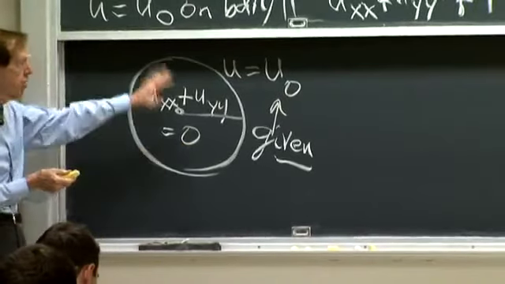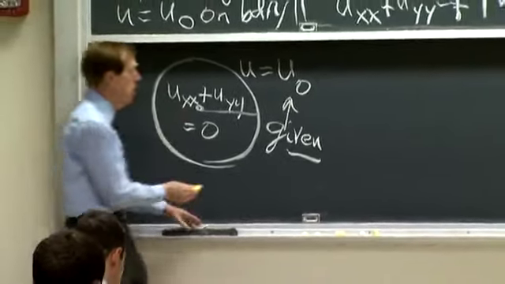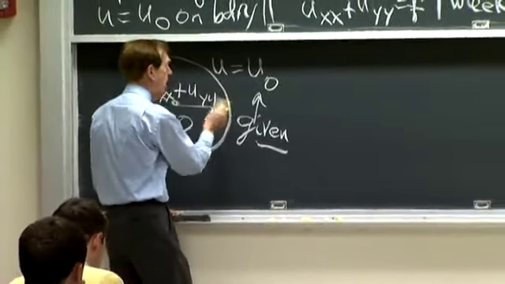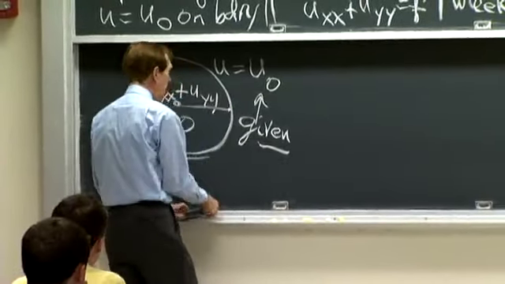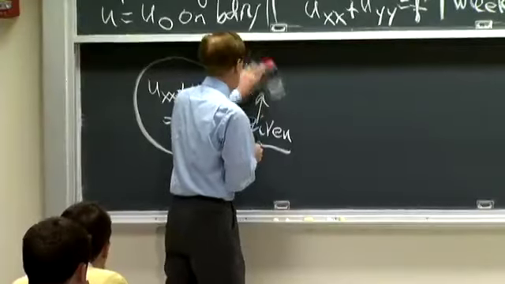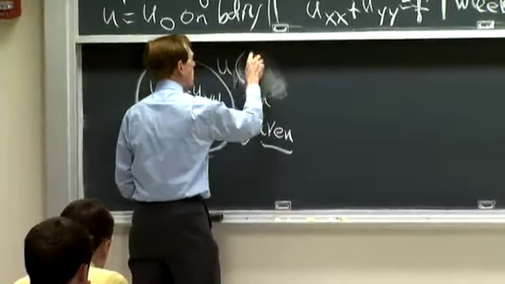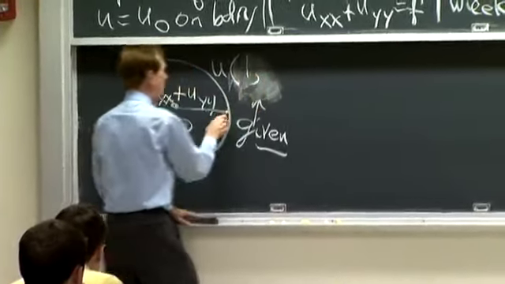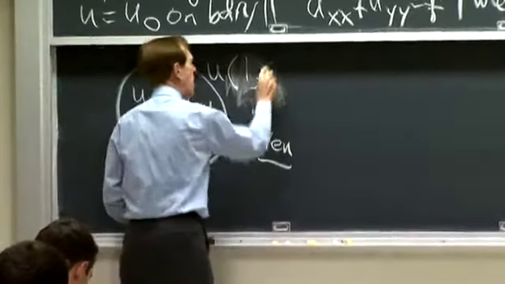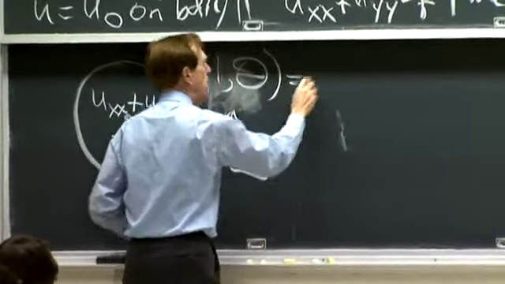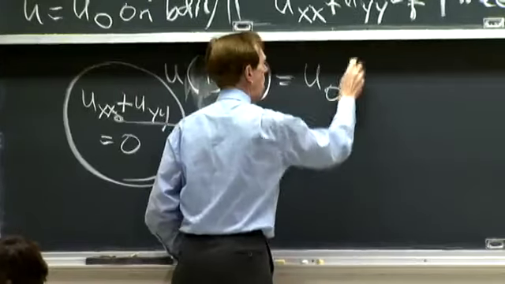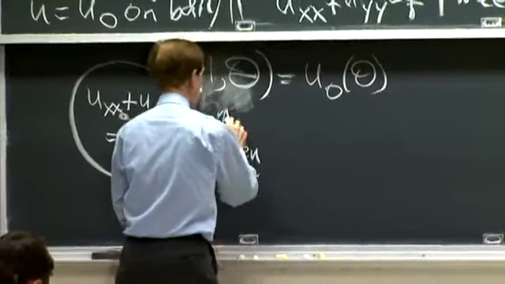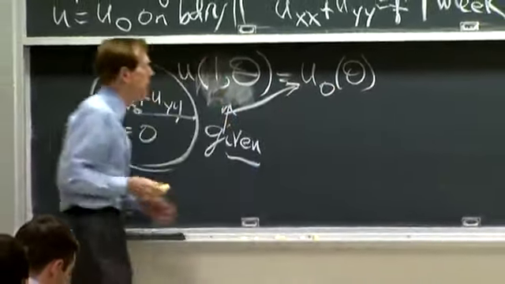Polar coordinates are natural for a circle. So this is at r equal 1. On the boundary, going around the angle theta, u is given as u0 of theta. That's my given boundary condition.